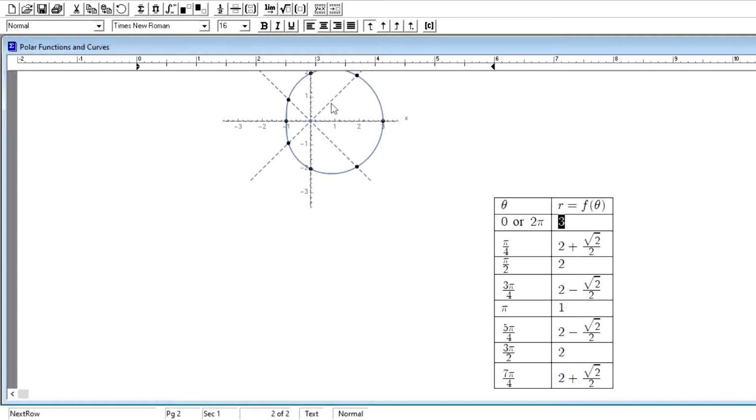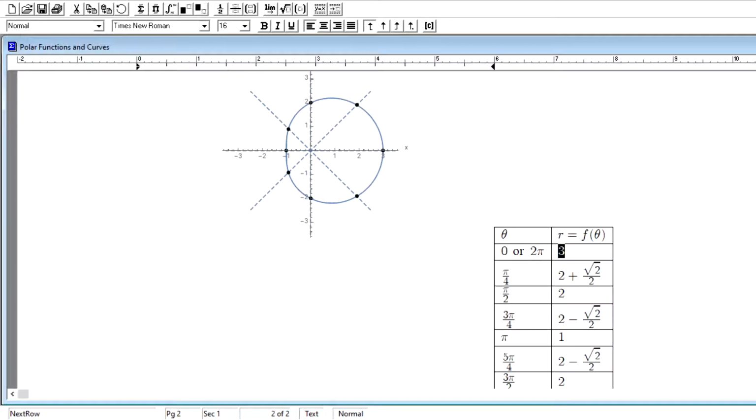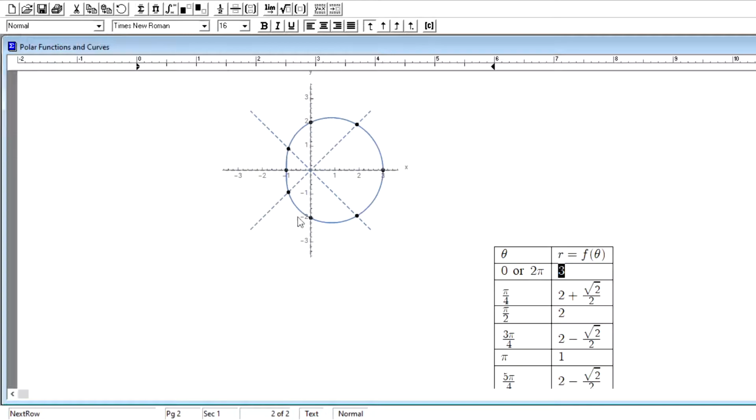Where if I just continue cycling angle measurements from 2 pi up to 4 pi and 4 pi up to 6 pi and 6 pi up to the value of 8 pi, I'm just going to continue cycling around this polar curve in the counterclockwise direction here, right? If I was to consider those angles forming in the negative direction, I'd be cycling around this polar curve in the negative direction, right?